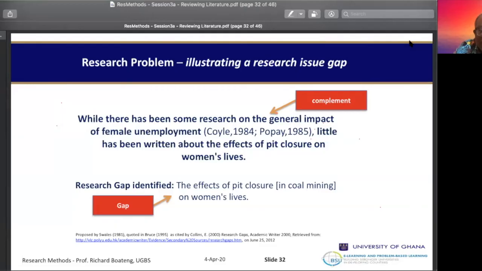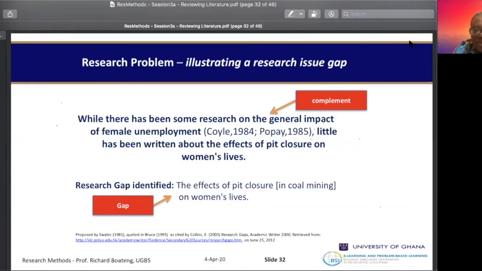So what it's trying to emphasize here is that people study the general impact on female unemployment, but they have not looked at how the closure of pits affects female unemployment or employment opportunities for females. So future research should do research on that. That's what it's trying to say.